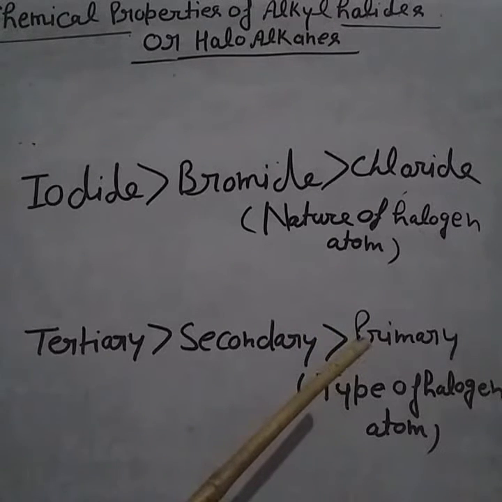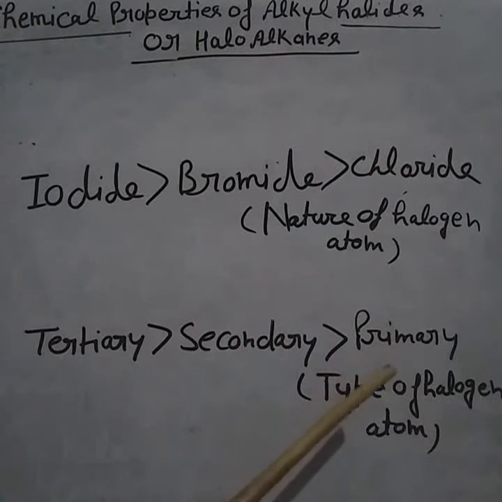Primary alkyl halides are those where one hydrogen is replaced and one halogen is attached. In secondary, two hydrogens are replaced and two halogen groups are attached, and in tertiary, three hydrogens are replaced and three halogen atoms are attached.